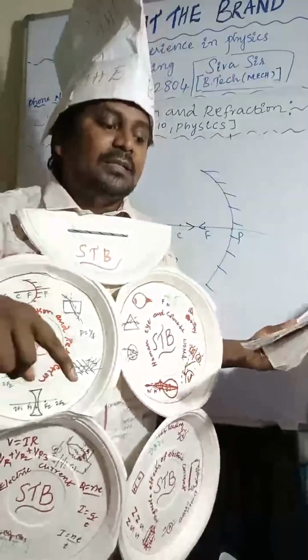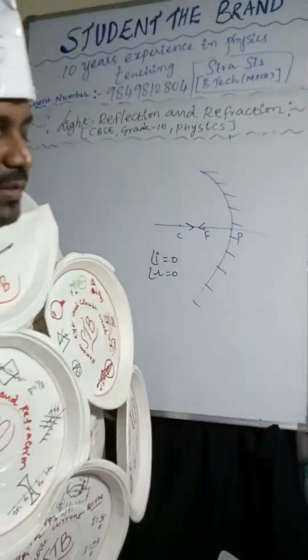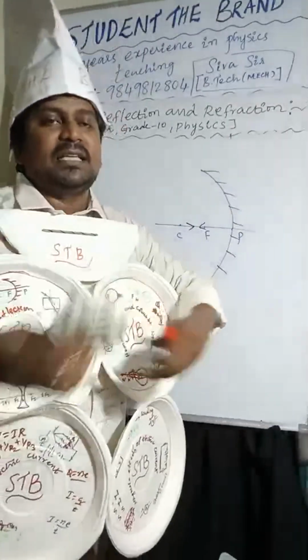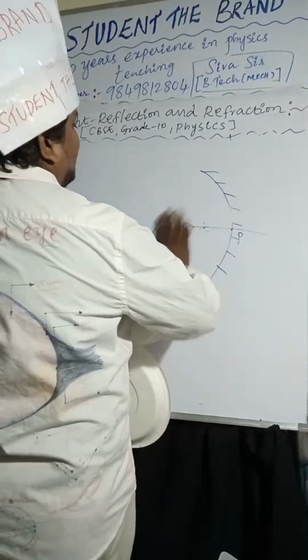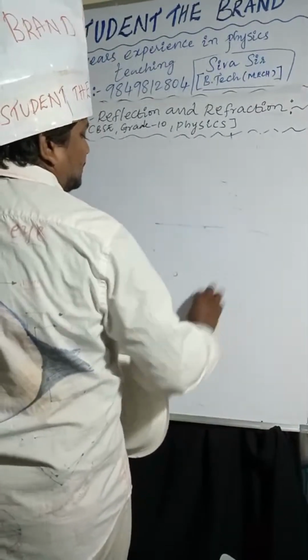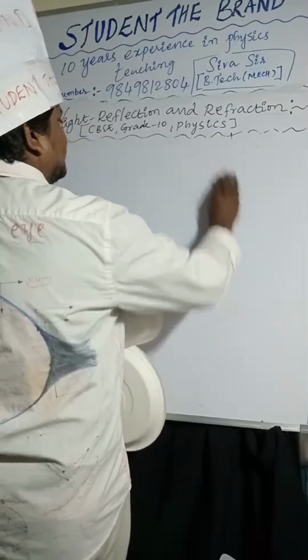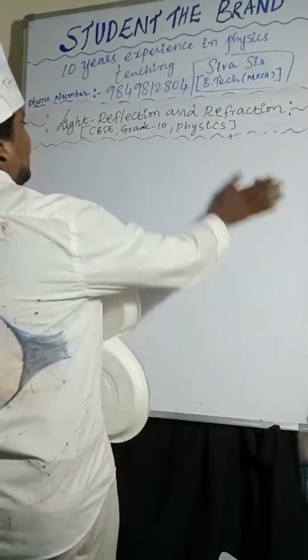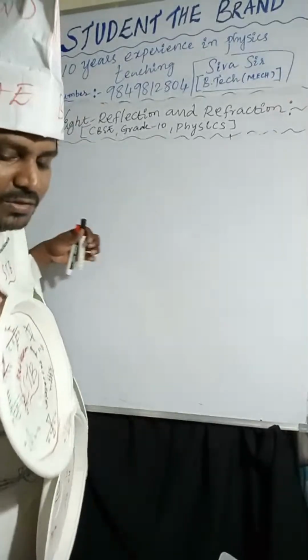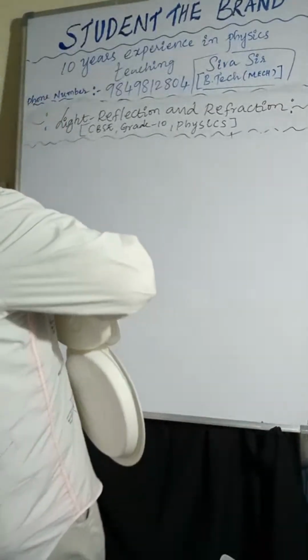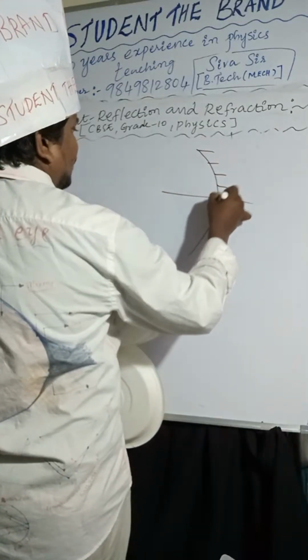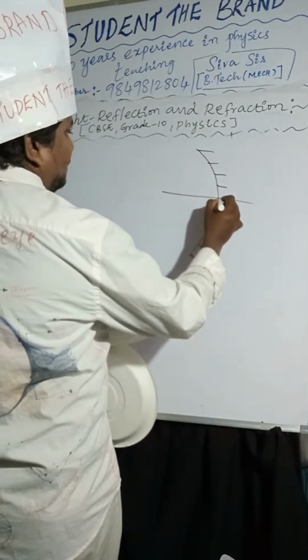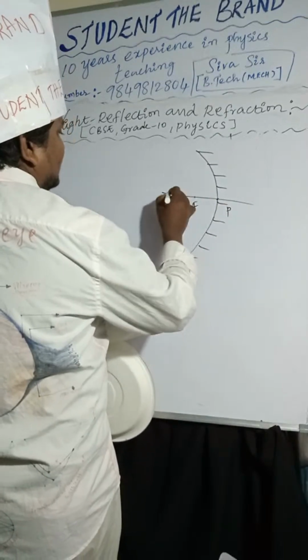Depending on the nature of the image, we can say what type of mirror it is. Taking the concave mirror, virtual, erect and enlarged: this is the pole, focus, and center of curvature.